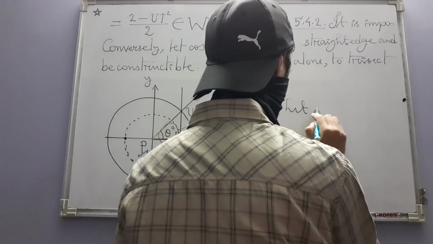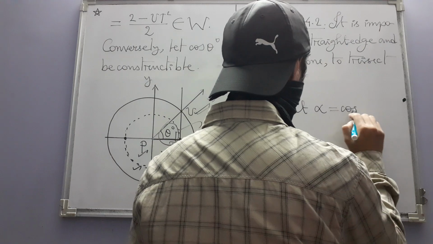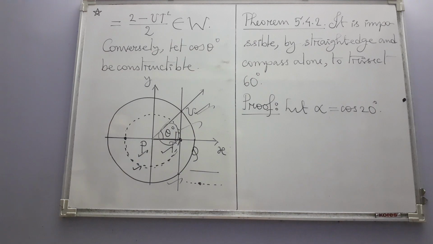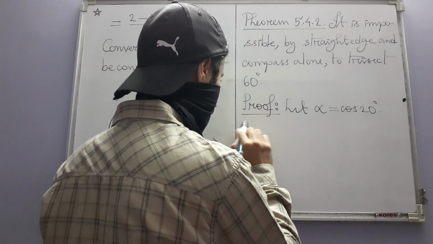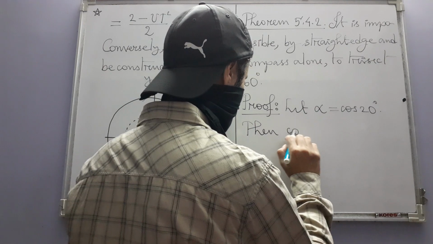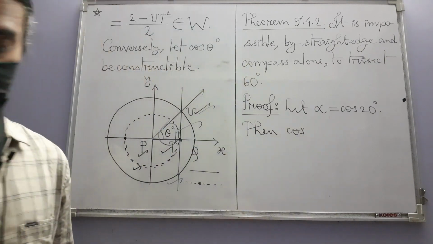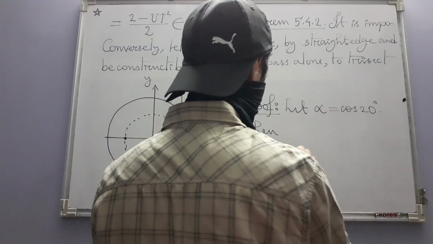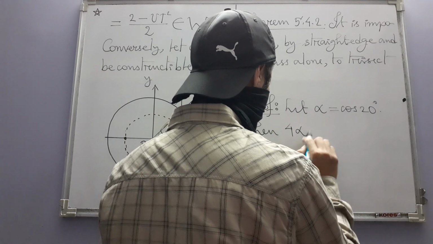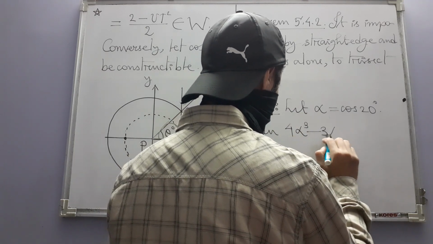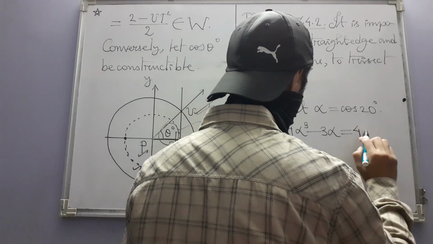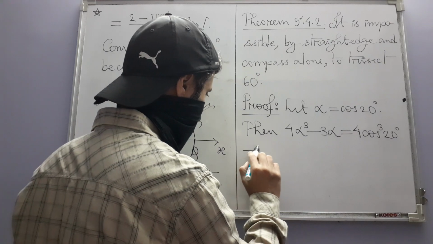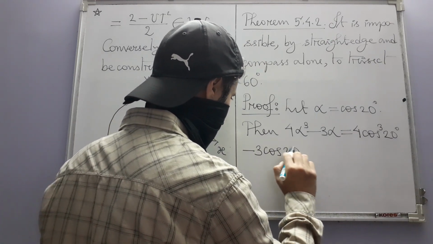Let alpha be equal to cosine 20 degree. Then 4 alpha cube minus 3 alpha is 4 cos cube 20 degree minus 3 cos 20 degree.